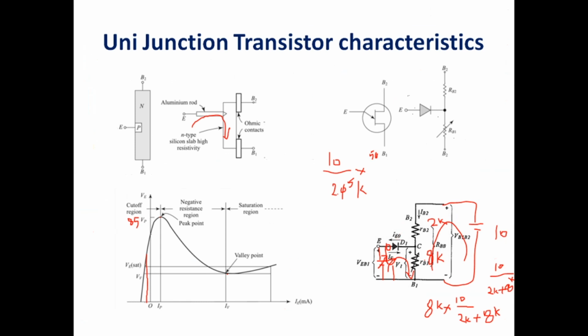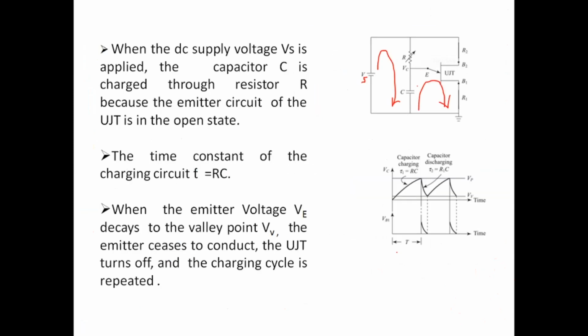When the capacitor voltage comes below 0.5 plus VV, this diode will turn off. If this diode turns off, what happens? There is no path for the capacitor to discharge. So once again, from this supply, the capacitor will charge.